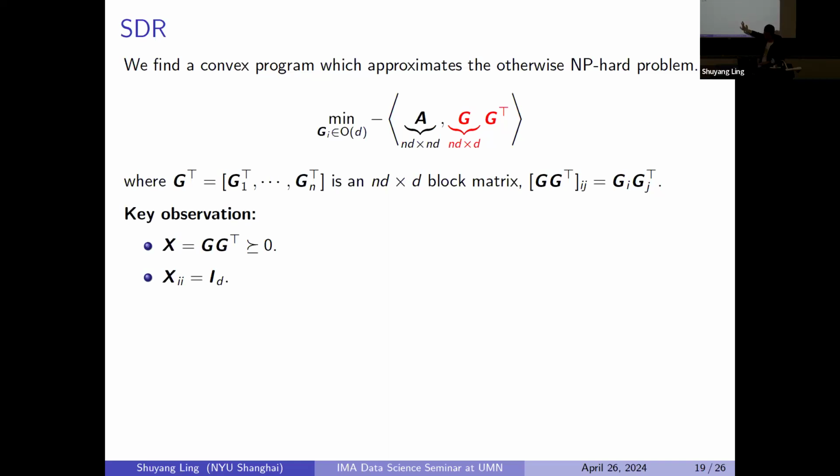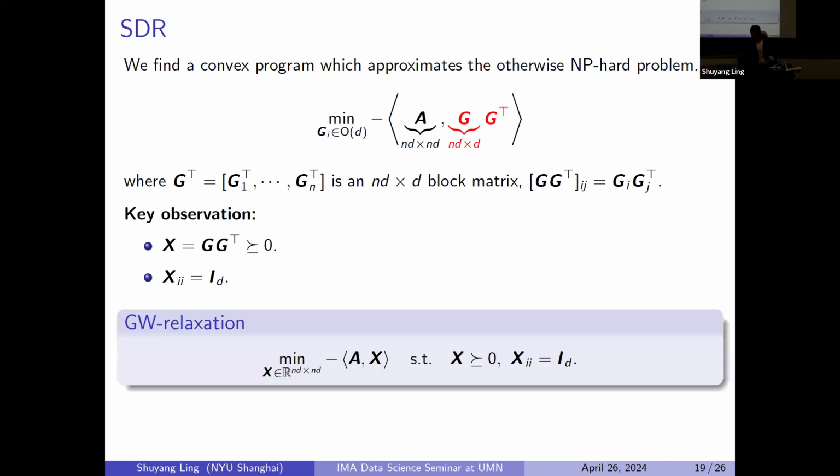It's positive semidefinite with diagonal blocks identity. And you have a similar type of Goemans-Williamson relaxation, but for orthogonal groups. Okay. So similarly, you would ask whether solving this problem would recover the ground truth, whether it's able to find the global minimizer to the least squares.